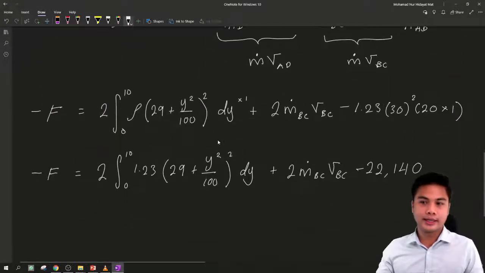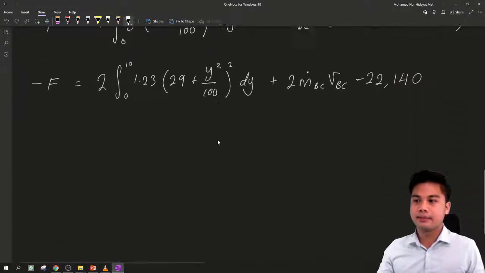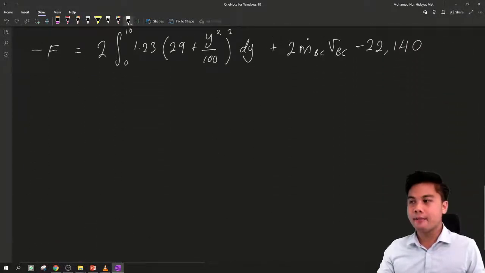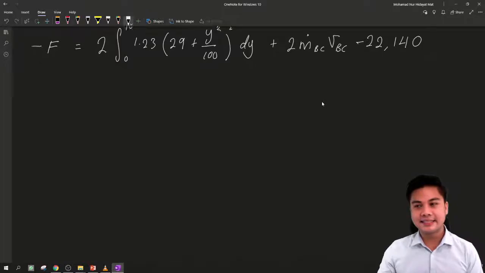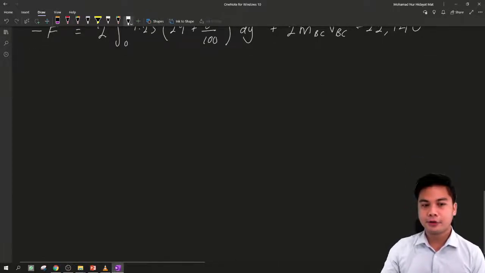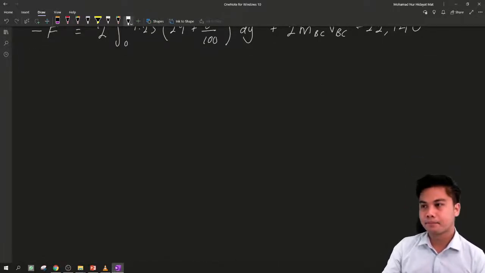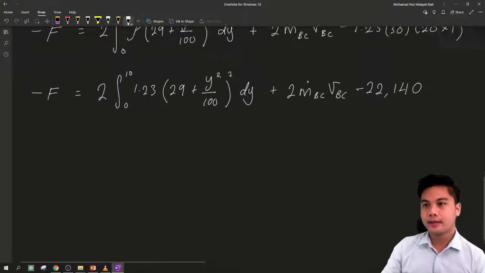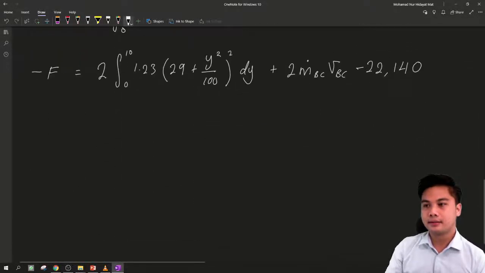So what to do here? Step number 3, we need to find the mass flow rate of BC.